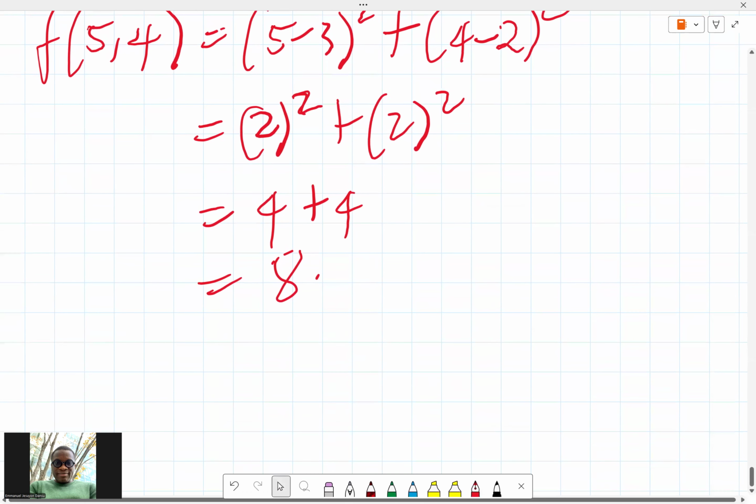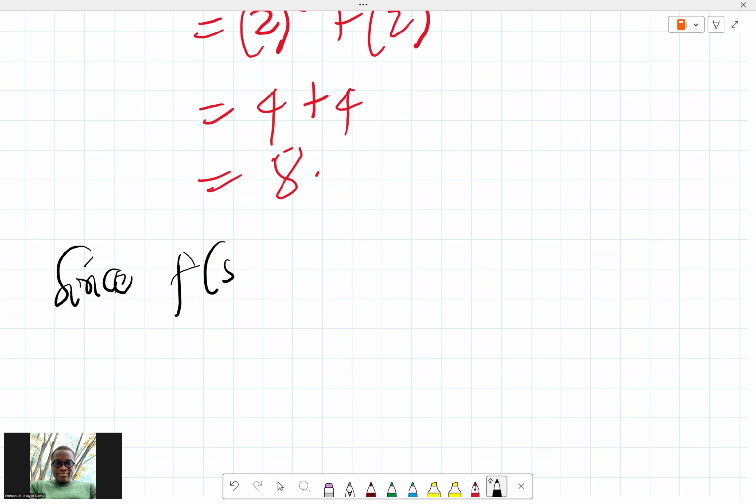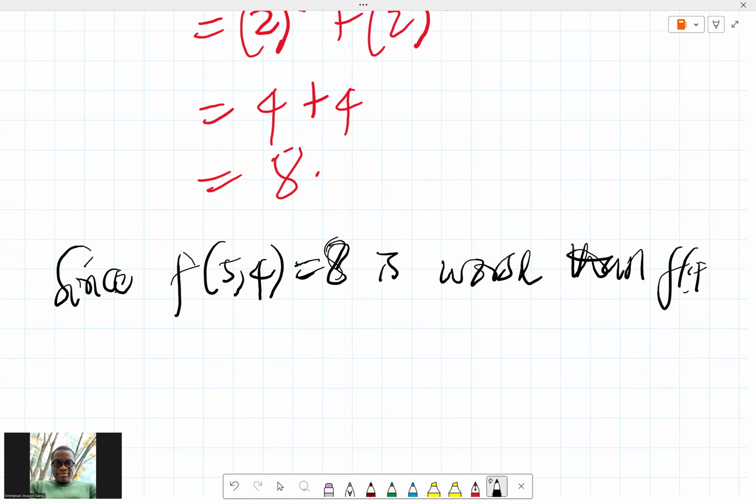So f of 5, 4 is 8. That value is bigger than even the things we got before. So f of 5, 4 equal to 8 is worse than f of 4, 1, which is equal to 2. If you got something better than this, then the story would be different.